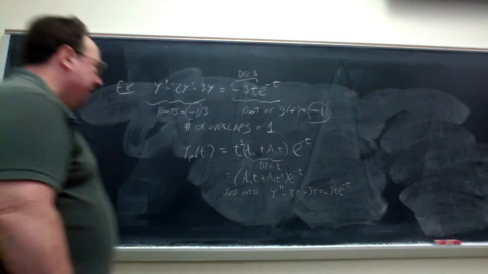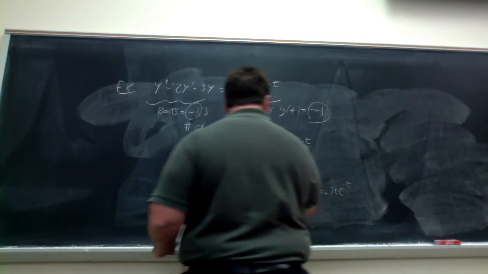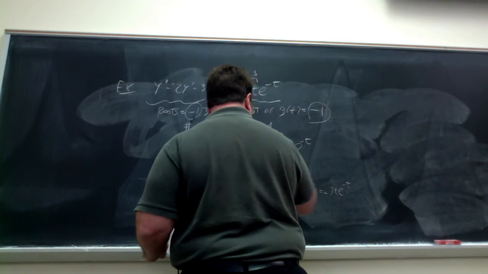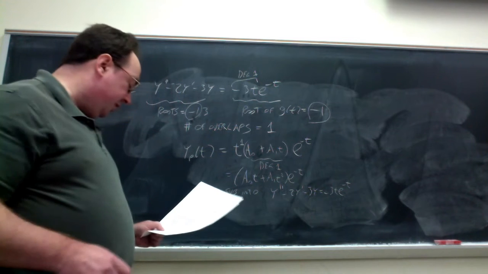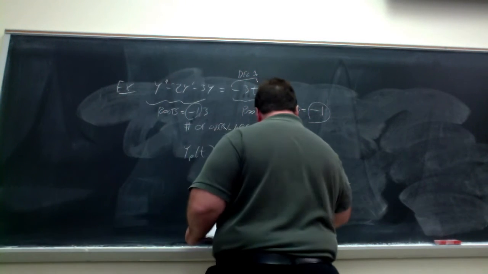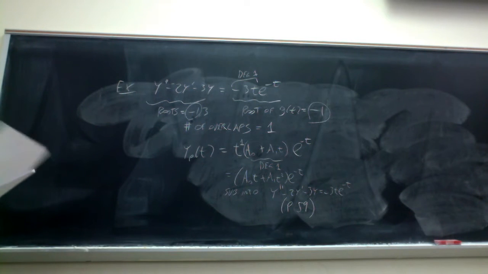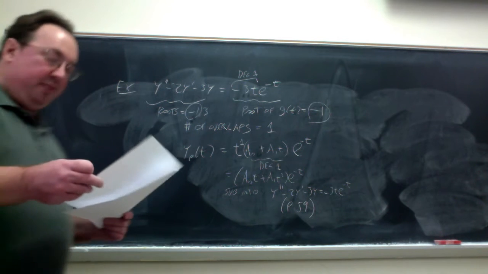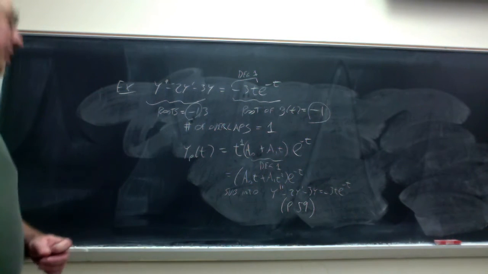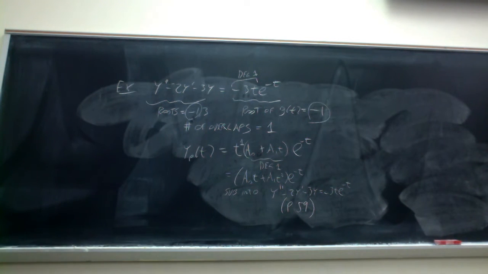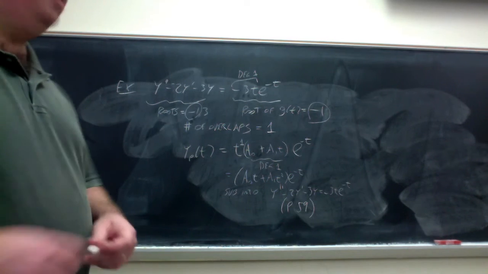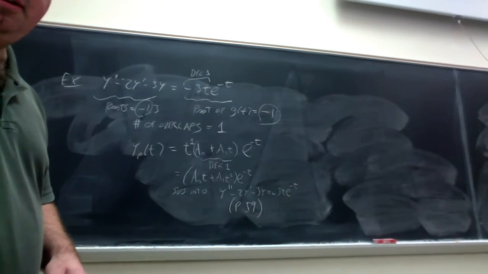Product rule. Yeah. So this substituted in here, where the coefficients a0 and a1 are worked out, you can see that done on page 59 in the notes for all the algebraic details. Any questions about the form and how the overlap changes things?